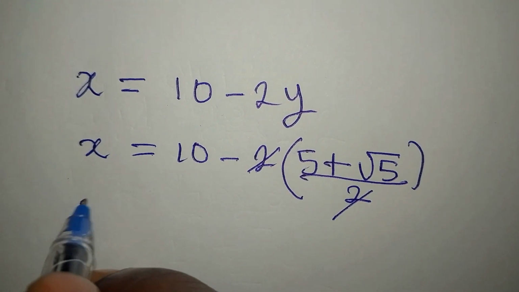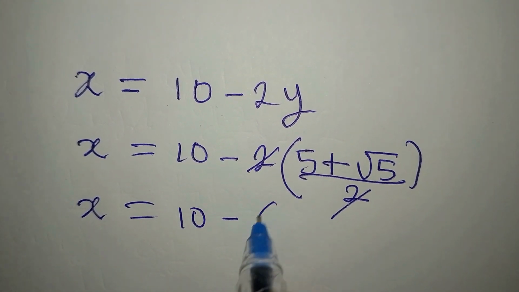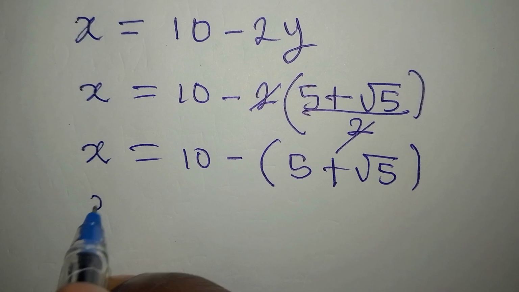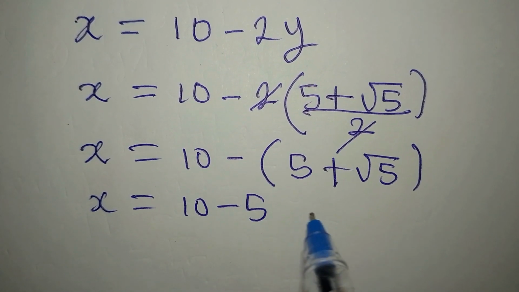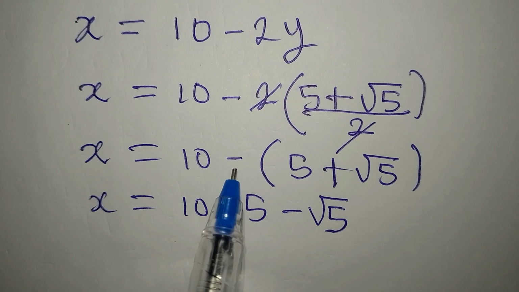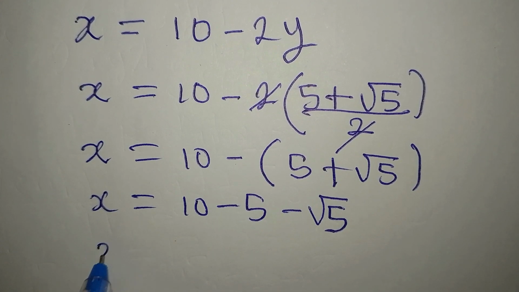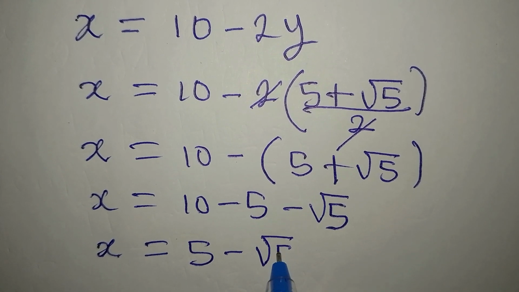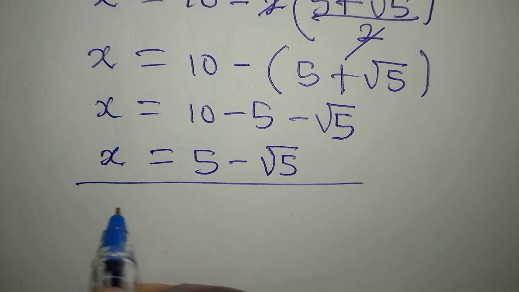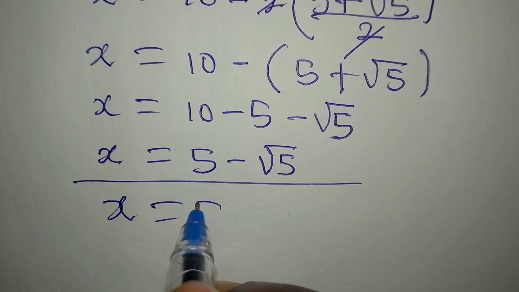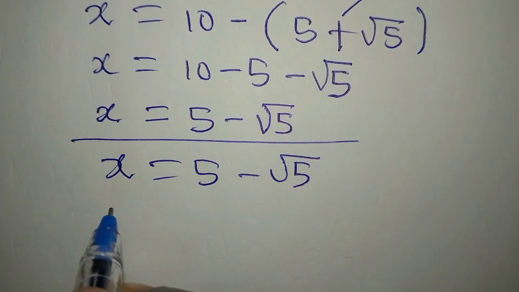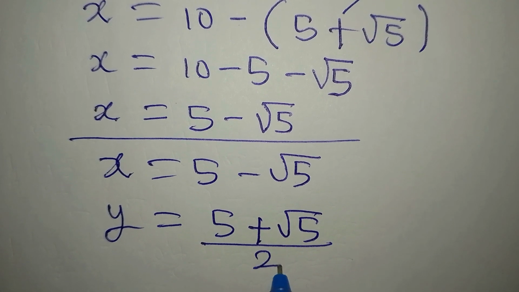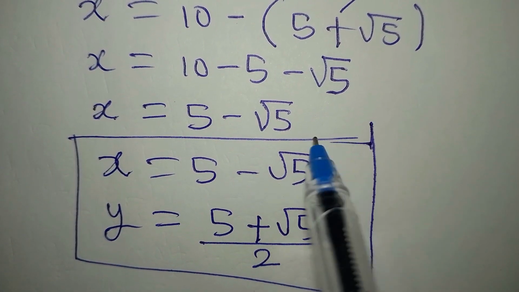So x will be equal to 10 minus open bracket 5 plus root 5. This means that x is equal to 10 minus 5 minus root 5, because this negative will open the bracket. Now our x is equal to 10 minus 5, which is 5, then minus root 5. So we are saying that when x is equal to 5 minus root 5, y equals 5 plus root 5 over 2.